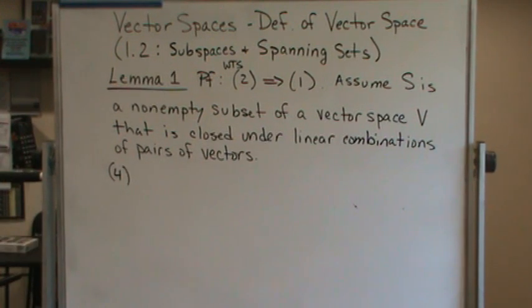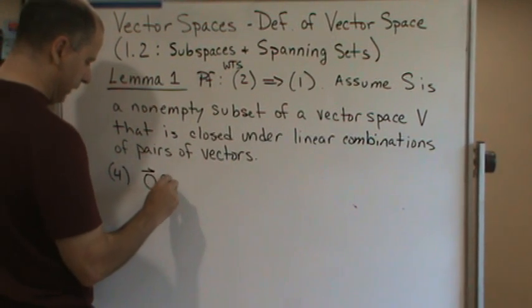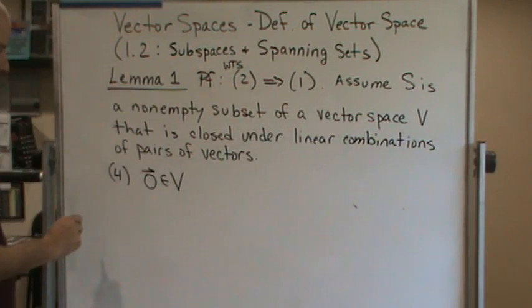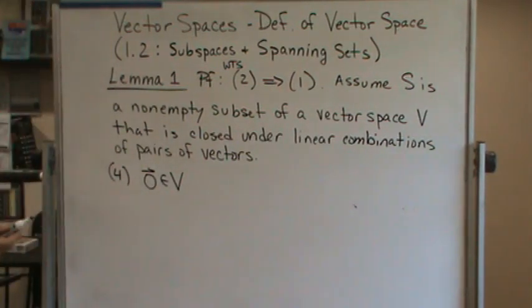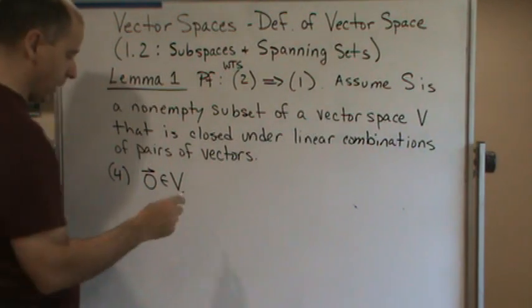For the fourth condition, we're going to consider the zero vector of V. Note that the closure of S under linear combinations of pairs of vectors gives us this. If we consider the zero vector in V, we could take a pair of vectors, any vectors in S, and we know it's closed under the linear combination of pairs of vectors.